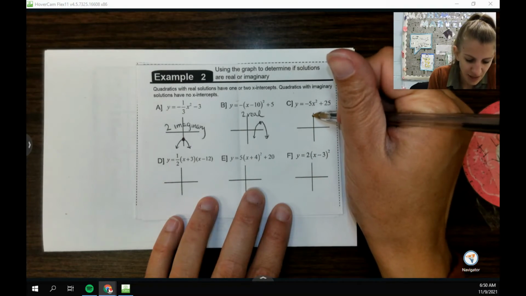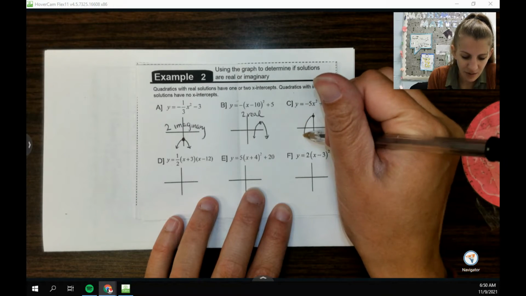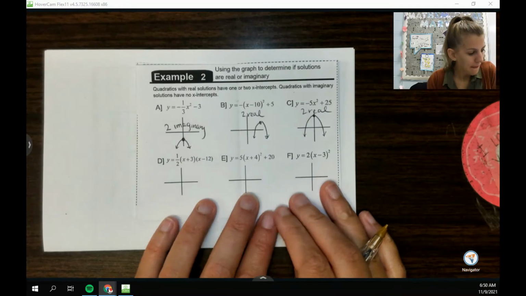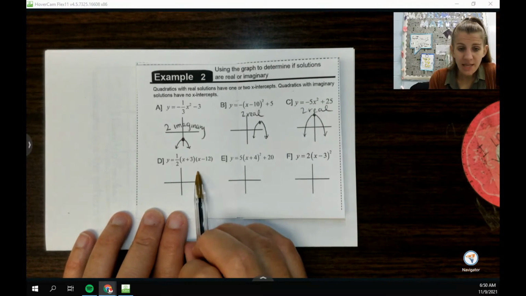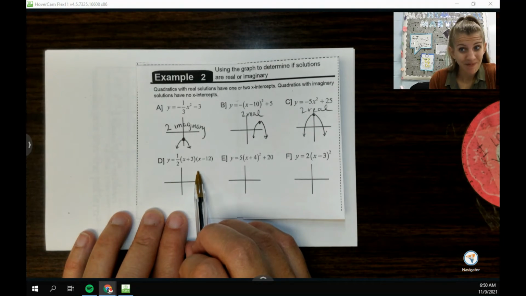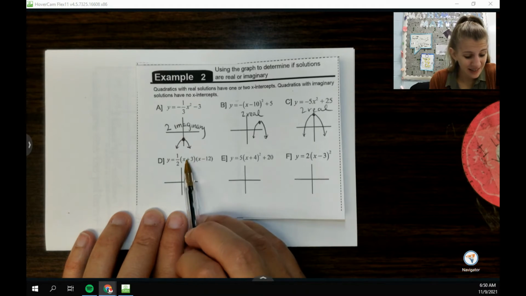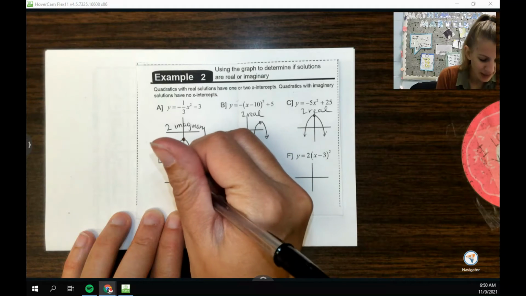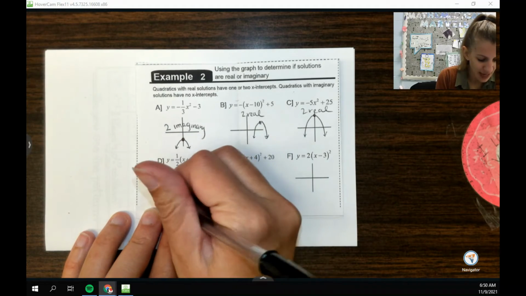So here-ish. And then we're pointing down. So again, I think we're going to have 2 real. This one is in factored form, so 2 real, because these are your x-intercepts, negative 3 and then positive 12. You're pointing up, so boop, boop, you definitely have 2 real.